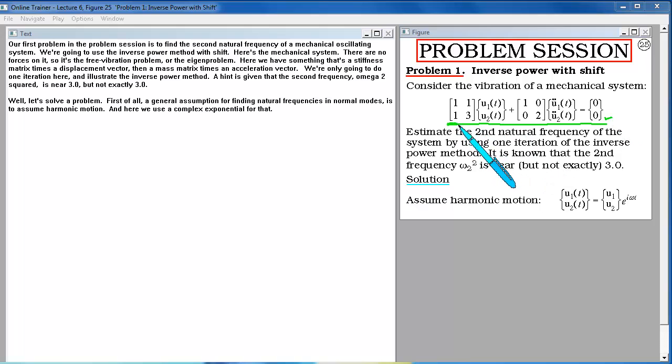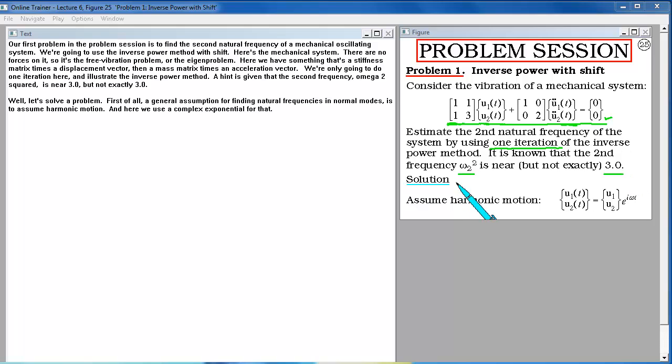Here we have a stiffness matrix times a displacement vector, then a mass matrix times an acceleration vector. We're only going to do one iteration here and illustrate the inverse power method. A hint is given that the second frequency omega 2 squared is near 3.0, but not exactly 3.0.